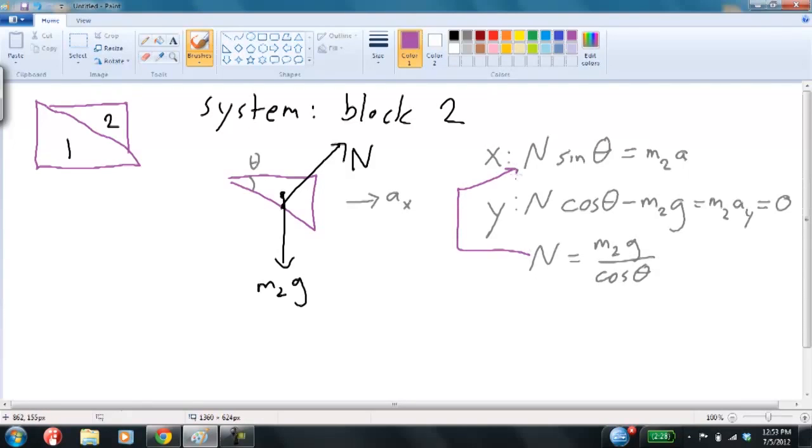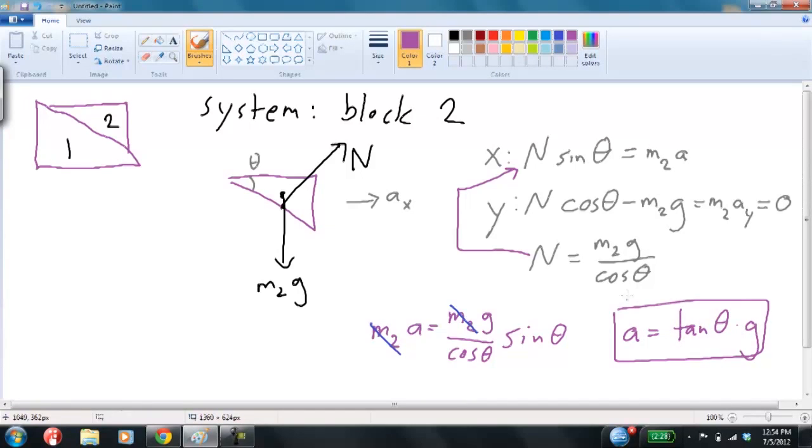Now I can plug back into here, and I can say m2a equals N sine theta, and the result of that is going to be that a equals m2g over cosine theta times sine theta, and this is m2a. So the m2's cancel out, and a equals tangent theta times g.